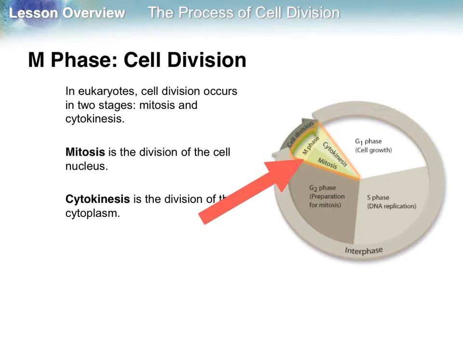The M phase is known as the mitosis phase or the cell division phase, and it's made up of two parts. First there is mitosis, which is dividing the nucleus, and then there's cytokinesis, which is the dividing of the cytoplasm. In part two, we'll be focusing primarily on the M phase, where we have the parts of mitosis and also cytokinesis.